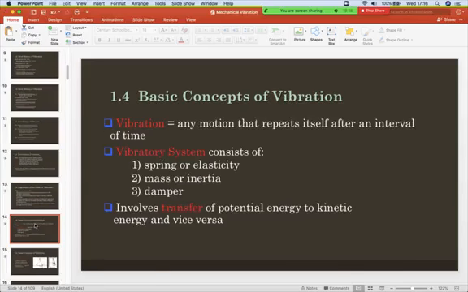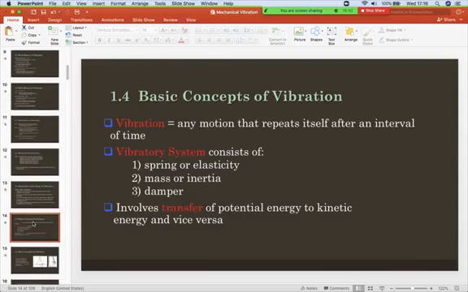And the basic concept of vibration, we have vibration, its meaning, no? Any motion that repeats itself after an interval of time. So there is always a time, no? And the flexibility or the guaranteed life expectancy of a material will depend upon the minimum amount of time that vibration repeats itself. No? A vibration system consists of a spring or elasticity, mass, and damper.